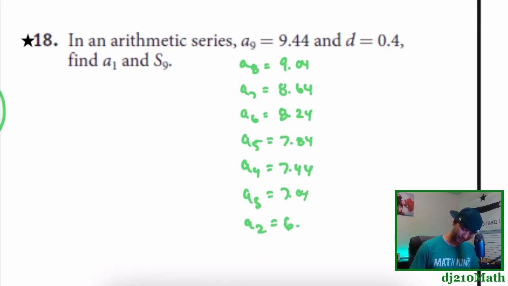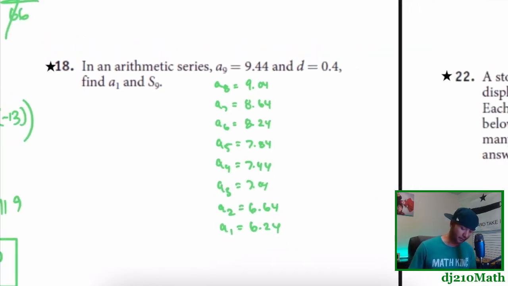So if you can come up with a better way, good for you. All right, so because a sub 1 and the series adding up the first 9 terms, well, you need to know a sub 1. So really, a sub 1 is the first thing we have to get to.